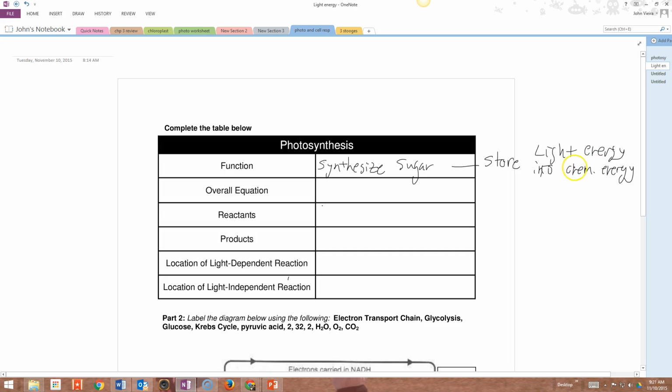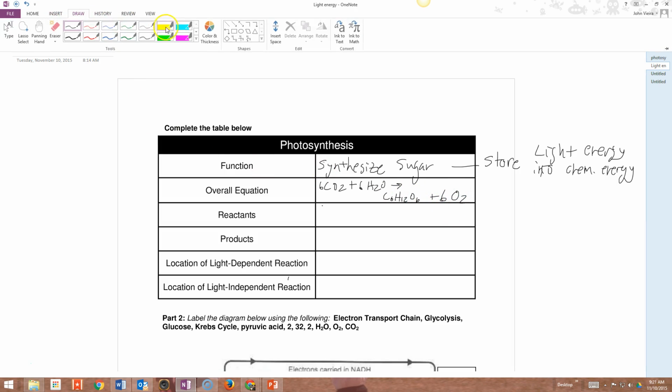We're taking light energy, we put it into a chemical called food. In this case, sugar. The overall equation is 6CO2 plus 6H2O gives me 1 molecule of C6H12O6 plus 6 molecules of O2.